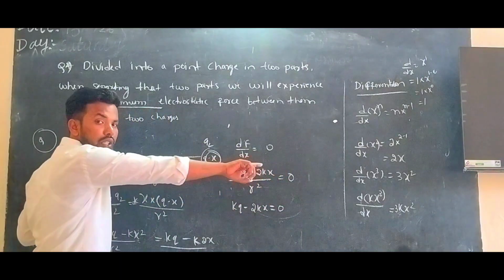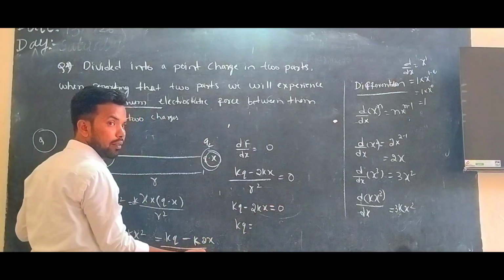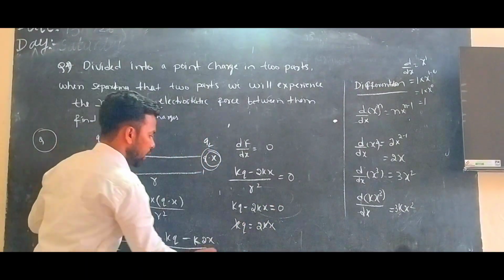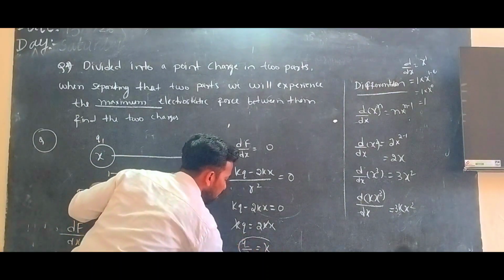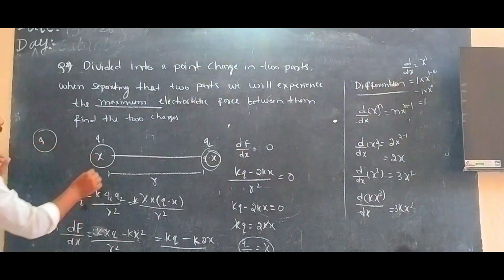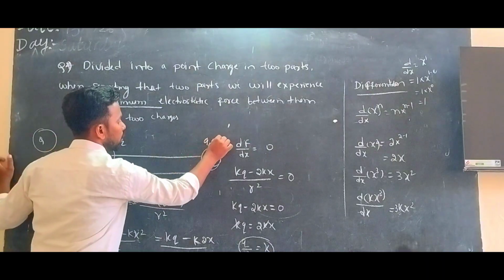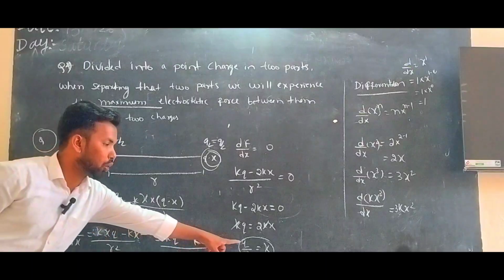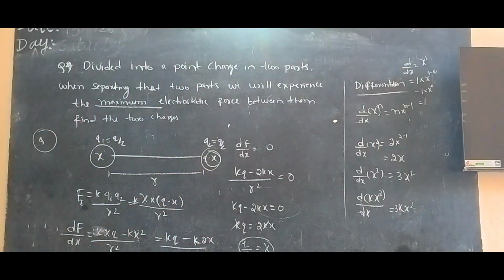So Kq is equal to 2Kx, K gets cancelled. So x is equal to q by 2. Then q minus x is q minus q by 2, which is q by 2. The two charges are q by 2 and q by 2.